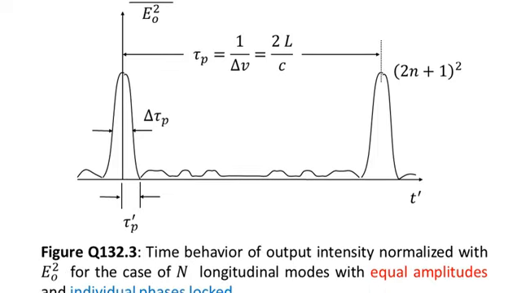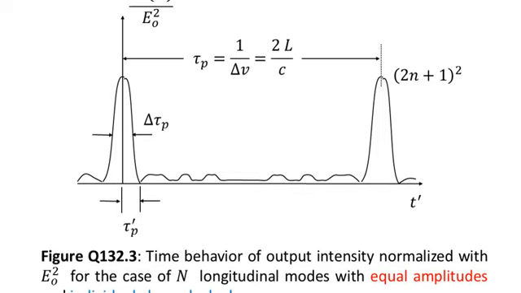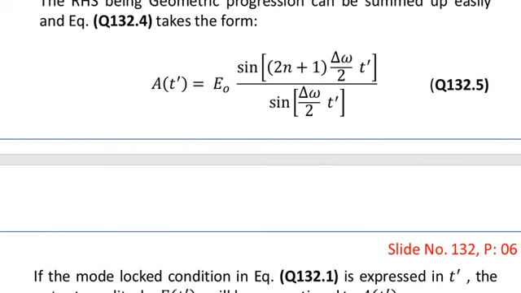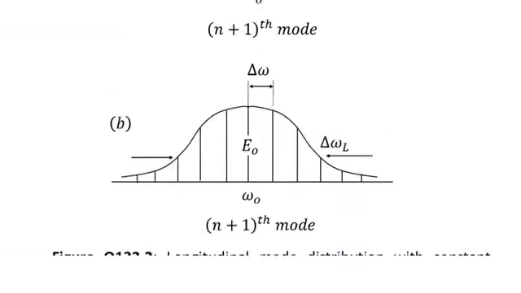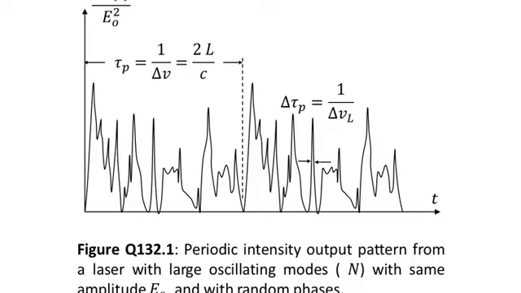Let me read the caption first. Time behavior of output intensity normalized with E naught square for the case of n longitudinal modes with equal amplitudes and individual phases locked. That is, this is the output from a laser which is mode locked. And this was the output from the laser which is unlocked.